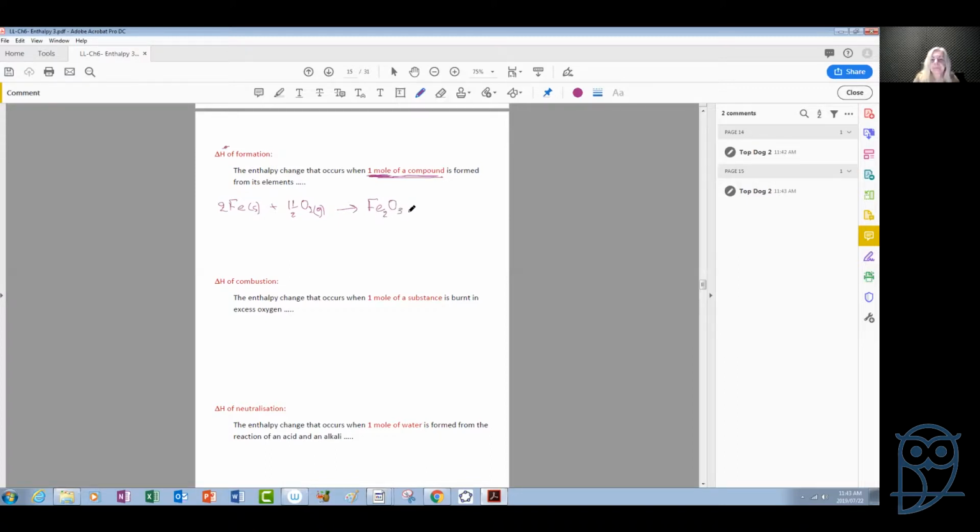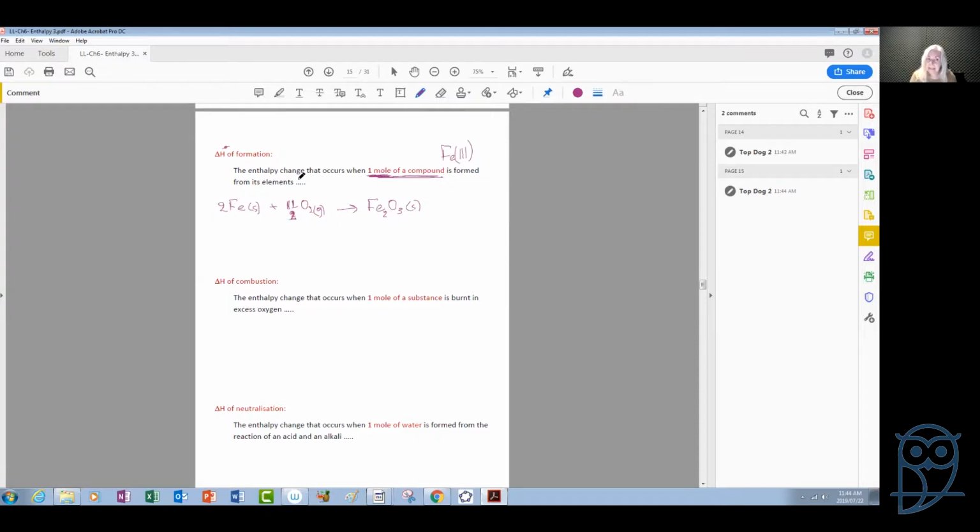Obviously, the iron involved is the one with valency 3. That is why we have the formation of this. The product is this oxide, Fe2O3. Anyway, this is 1.5. This is how it is shown in your book.